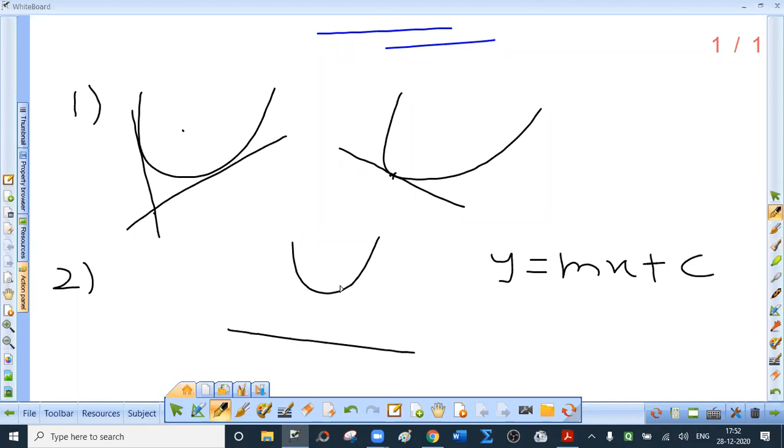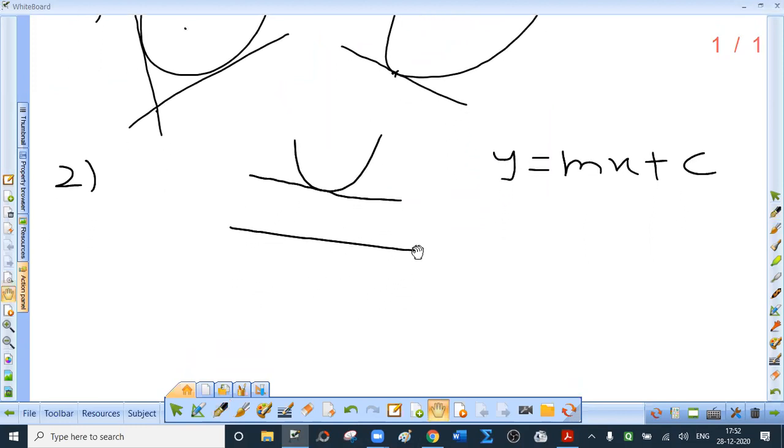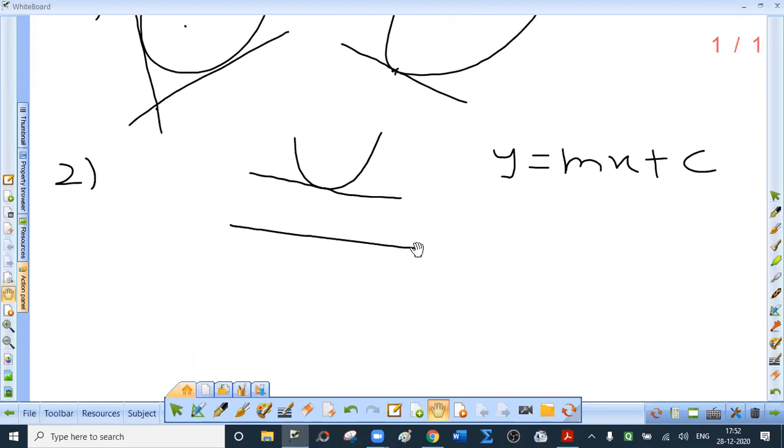So out of many lines having slope m, it can be seen that this line is tangent to the curve. So the restriction will not be on m. Slope will be given. Restriction will be on c. So in the second part, we will find the condition that the line y equal to mx plus c is tangent to the curve.